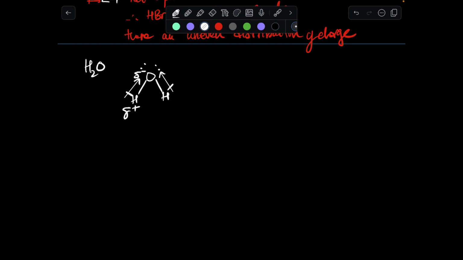So guys, what you can do here, these two arrows will form a resultant that goes this way, right? So here there is a dipole moment. Or alternatively, I will draw the vector diagram starting with this one and then this one.